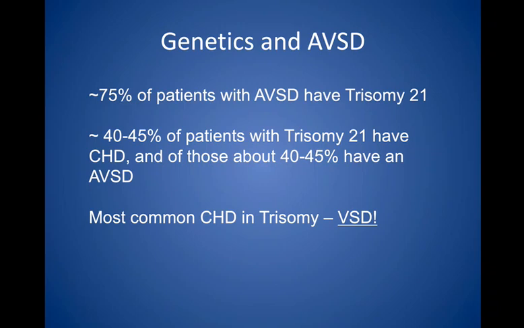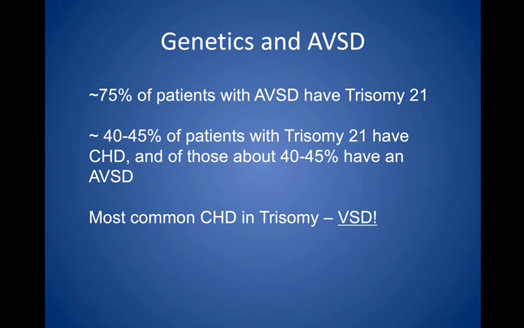However, when you look at trisomy 21 as a whole, 40 to about half of them will have congenital heart disease. Similarly, if you have a child diagnosed with trisomy 21, it's important to do an echo to rule out congenital heart disease, since 40 to 45% of those will have it. And of those that do have congenital heart disease, about 40 to 45% will have an AV canal.